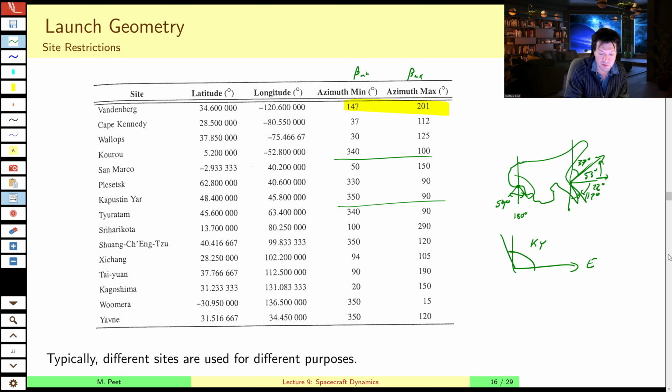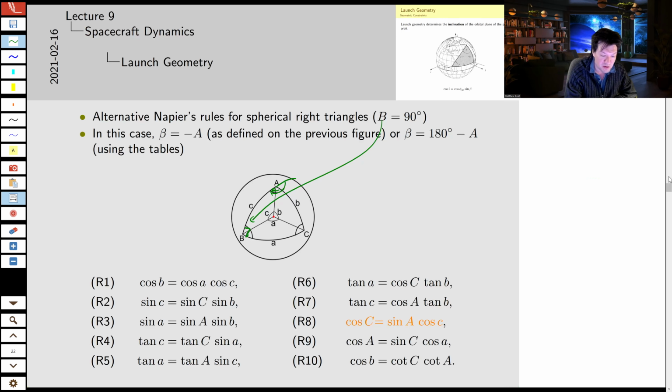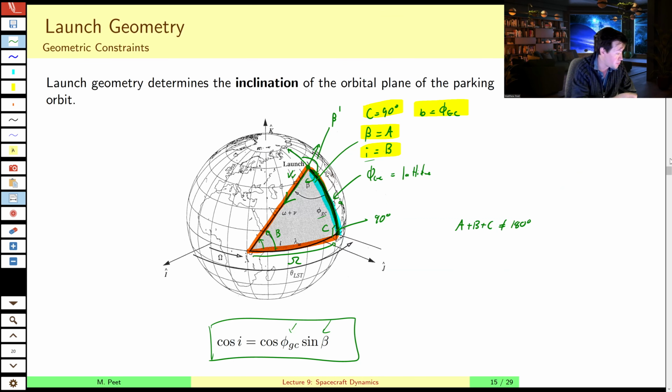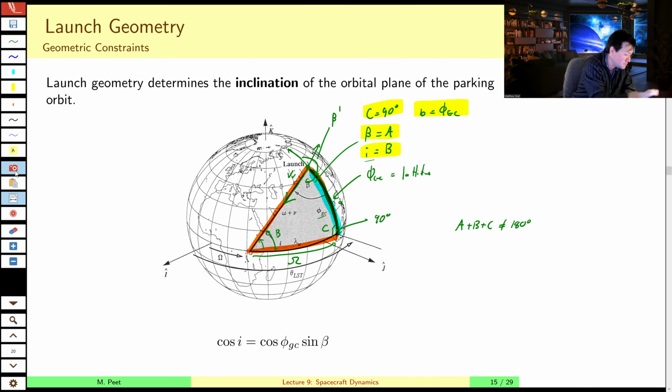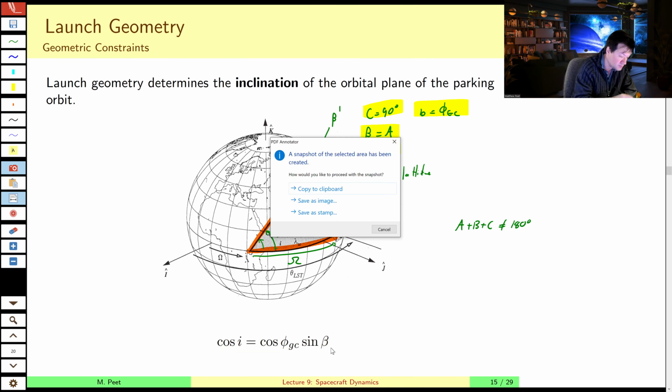So now let's apply the formulas I had on the previous slide, and actually, let me just go grab it so we can remember what it is. I'll just paste it here. All right, let's take a quick example. This is the easy one. We're launching from Vandenberg, probably for a polar orbit, something like that.